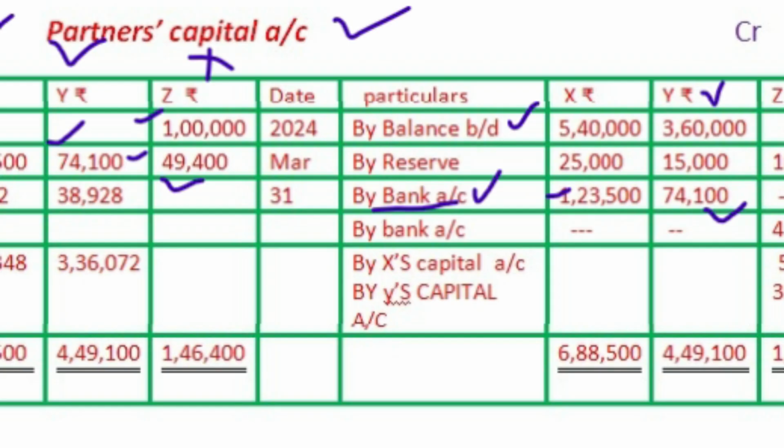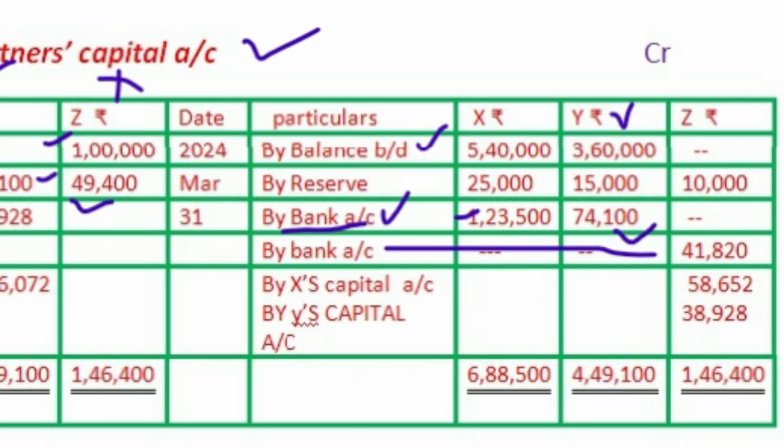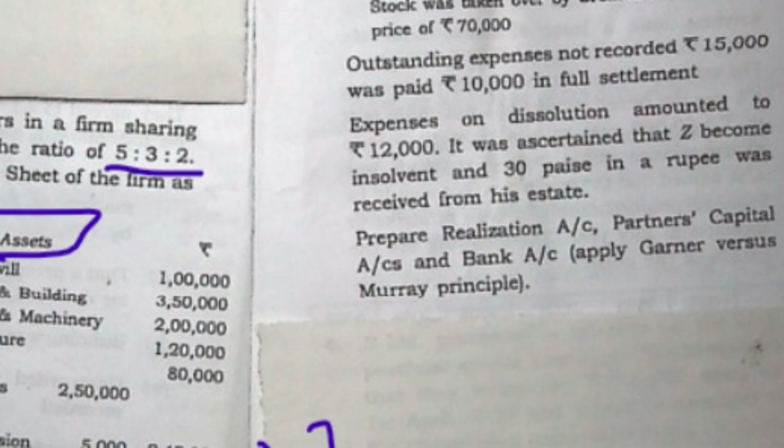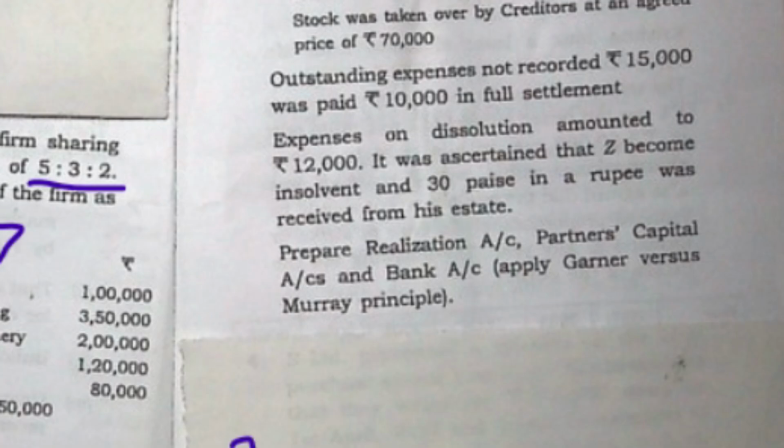And one more adjustment: 30 paise is realized from Z's estate, as given in the question. I will show you this 30 paise. This bank account you will find on the credit column of Z, and this 41,820. The transaction is written because of this adjustment.